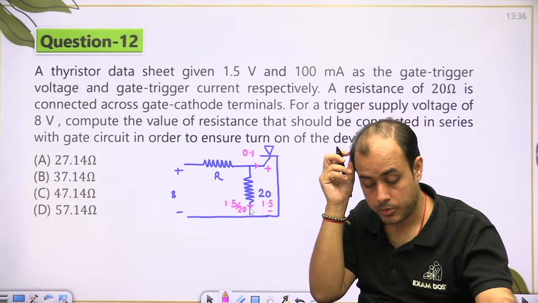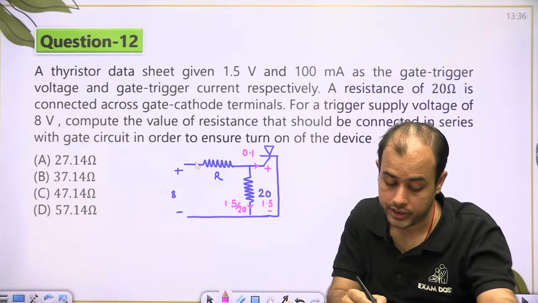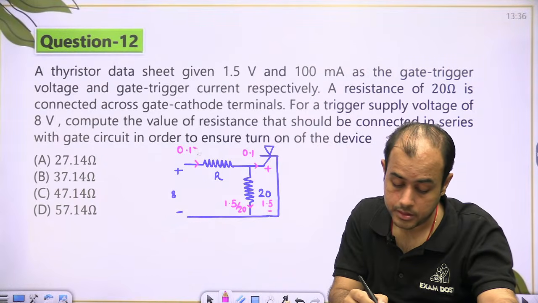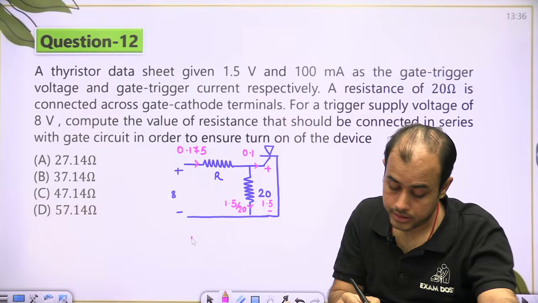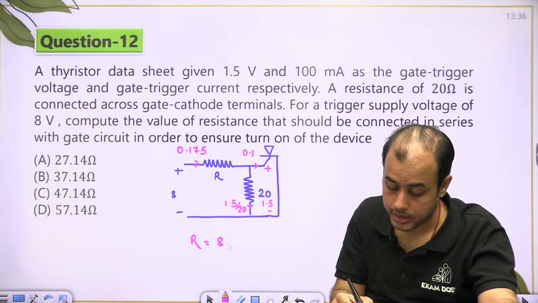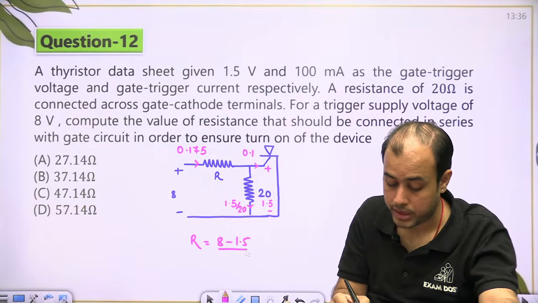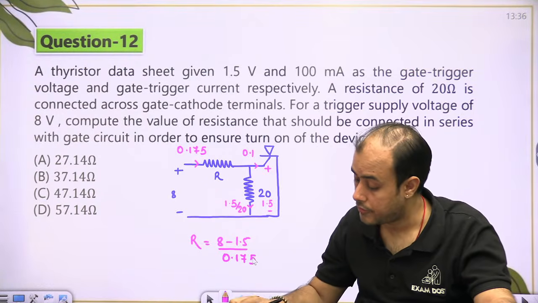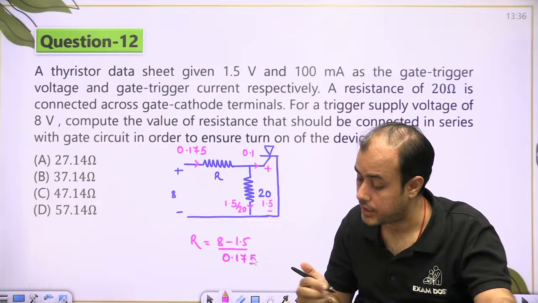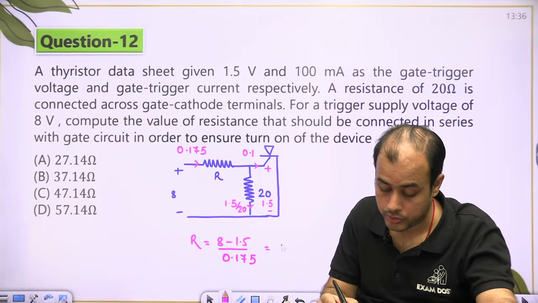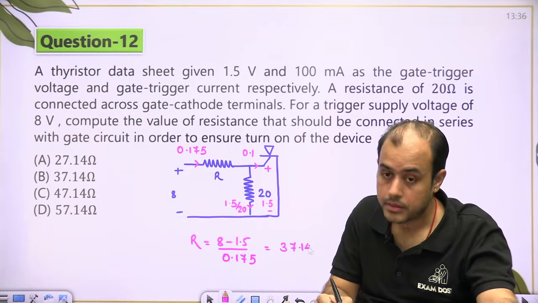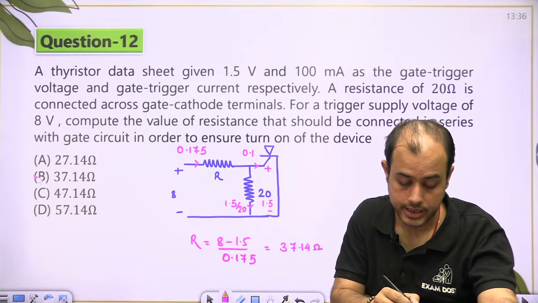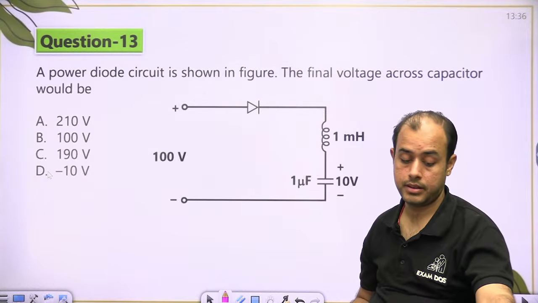So it is how much? 0.075. 0.175. So R will be (8 minus 1.5) by, so 6.5 by 0.175, 37.14. Okay, very good. Answer is B.